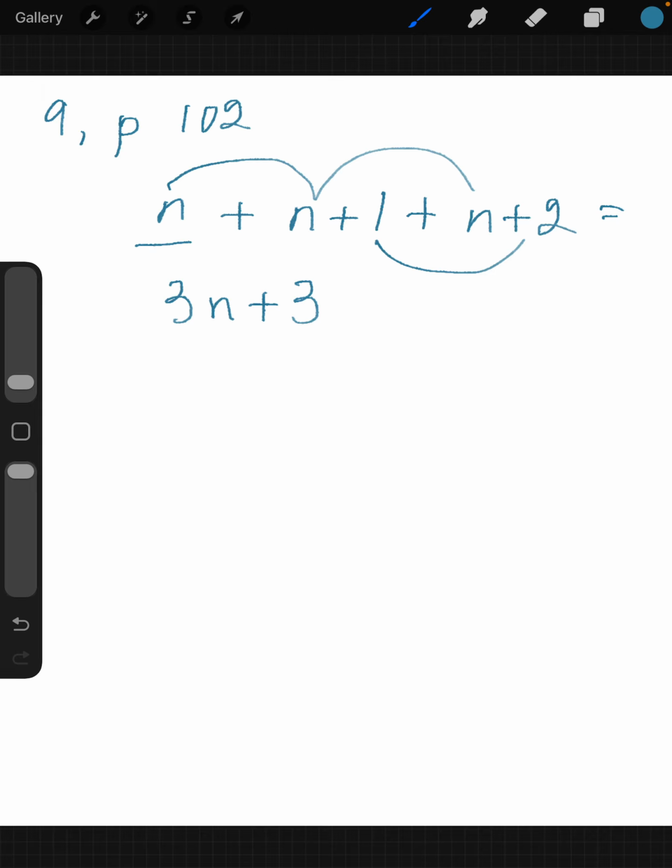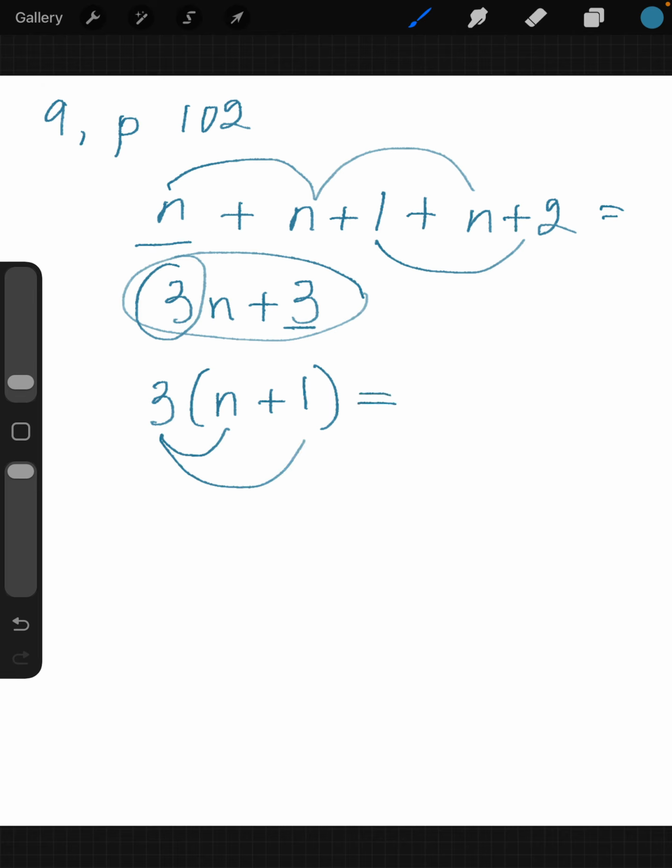If you wanted to factor out the 3, we could take the 3 outside the parentheses and make it 3 times n plus 1. If you're wondering why I put the number 1 there and it seems incorrect to you, let's reopen the parentheses again and see if we get the same result. 3n plus 3. And we've got the correct answer.